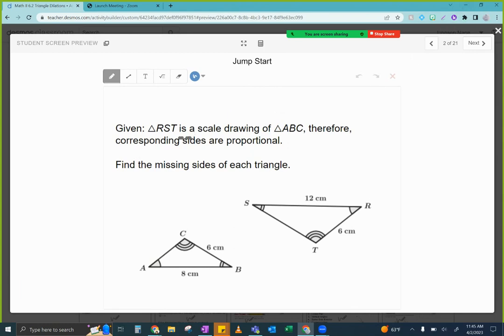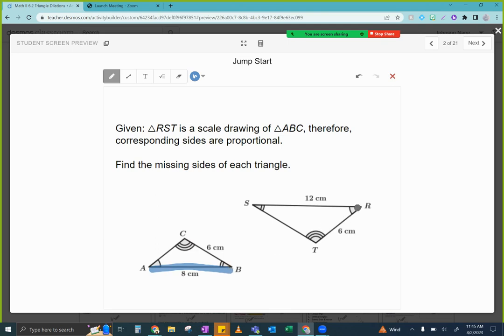It says, given triangle RST is a scale drawing of ABC, therefore corresponding sides are proportional. If it's a scale drawing of something, one of these is a multiple of the other. So if you had to choose which side matches with this side AB, which side do you think matches with AB?